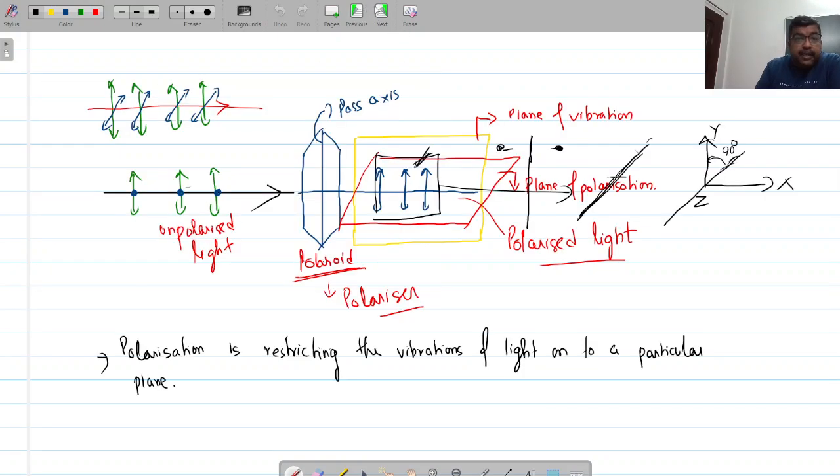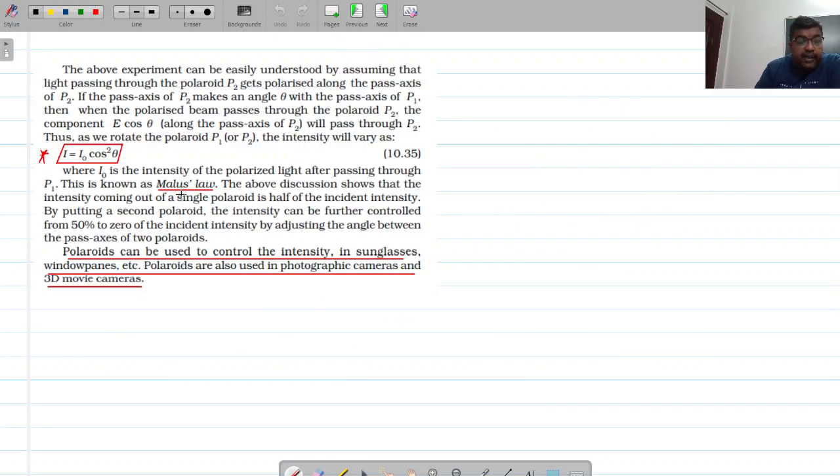Now based on this understanding, we have a law called Malus' Law. Now what is this law?